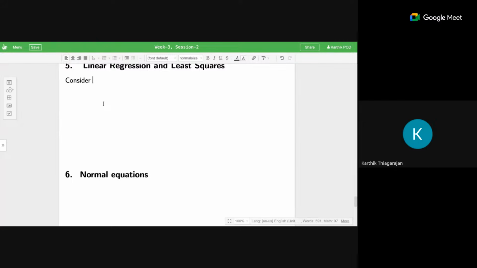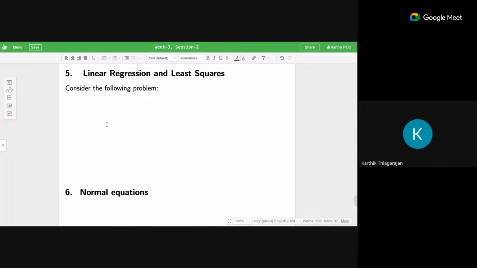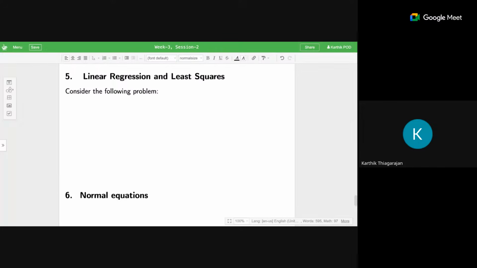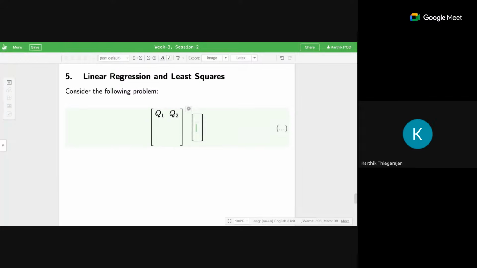So consider the following problem. You have some data with you. The data is as follows. You have quiz 1 marks and quiz 2 marks in MLF, let's say, of some students, and you also have the end term marks that is separate.